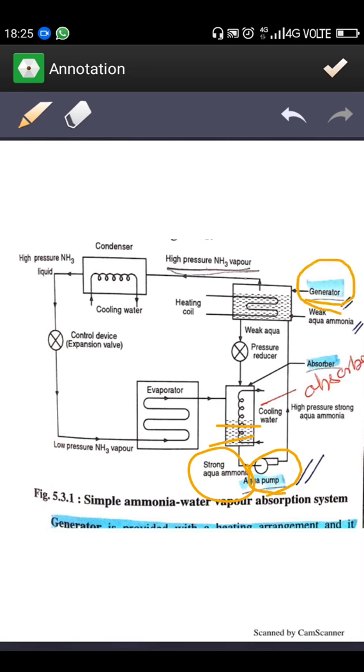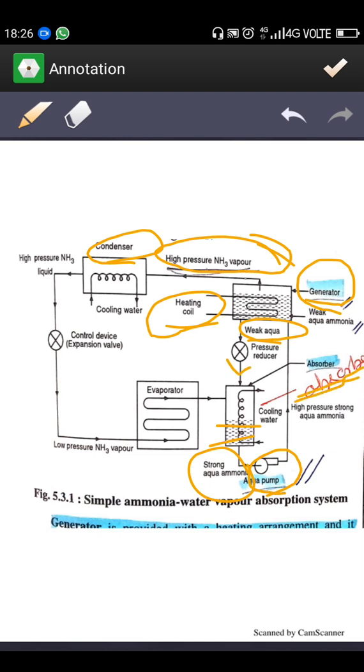In the generator, with the help of a heating coil, from this strong aqua ammonia solution we are producing high pressure NH3 vapor. This vapor moves toward the condenser, and after removal of the ammonia, the aqua ammonia solution becomes weak. This weak aqua ammonia solution we again pass to the absorber. Here you can see this is the absorber. What is happening here I will tell you at the end of this cycle.